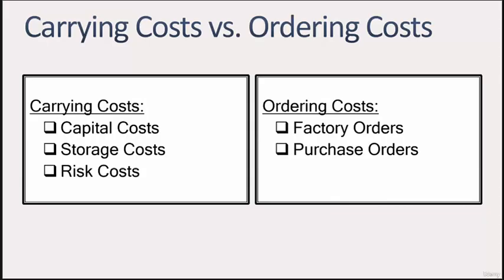Ordering costs can be split into two types. First are factory orders. This is the cost to issue orders to manufacturing. These costs include managing the orders, loading, scheduling, closing, expediting. Second are purchase orders. This is the cost to issue a purchase order, cost of receiving the items, cost of receiving the invoice, and its payment.